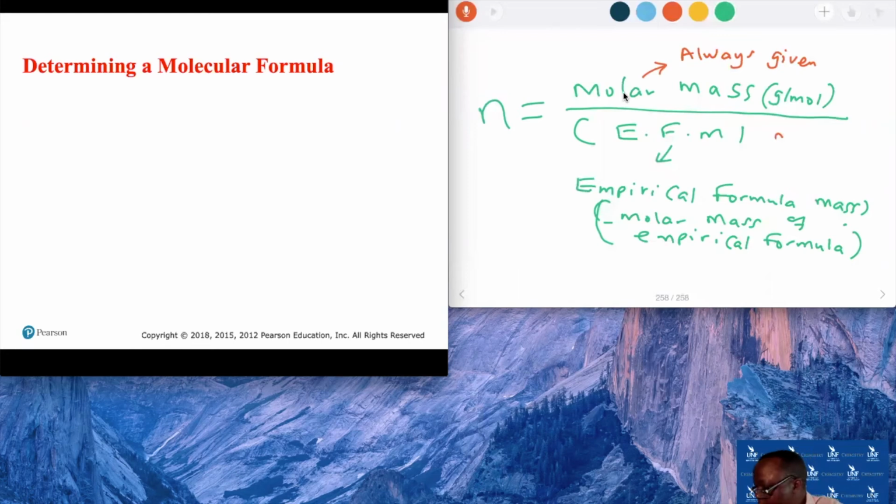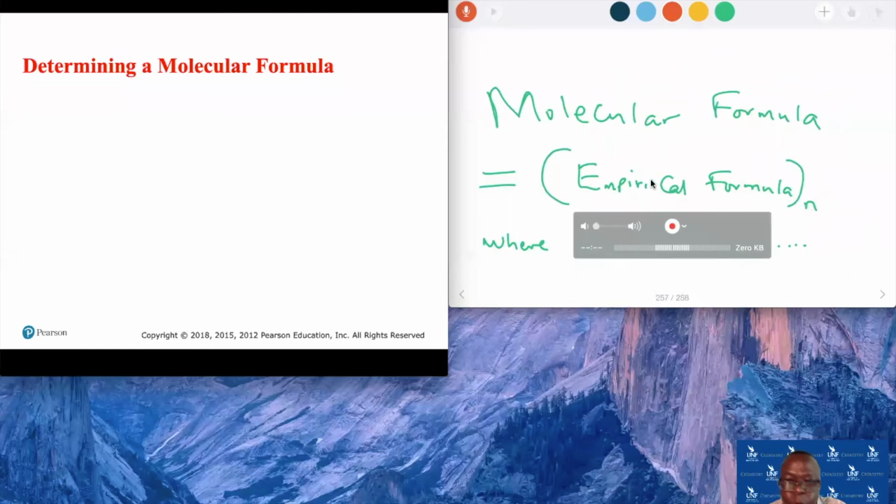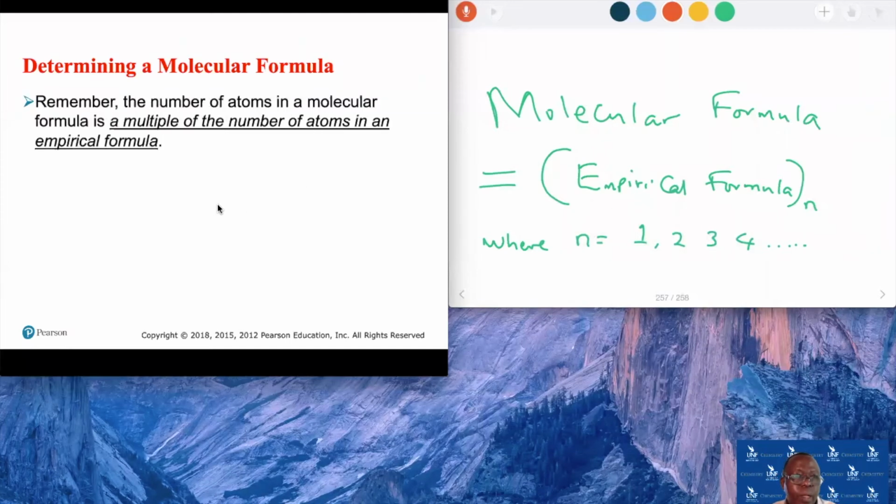And remember, this will also be grams per mole. Grams per mole at the top and grams per mole at the bottom will cancel out and you'll remain with a whole number. That whole number now will be the subscript, and then you open the parentheses to get the molecular formula. Maybe solving one example will help you out.